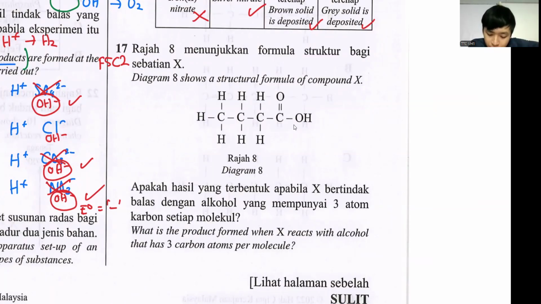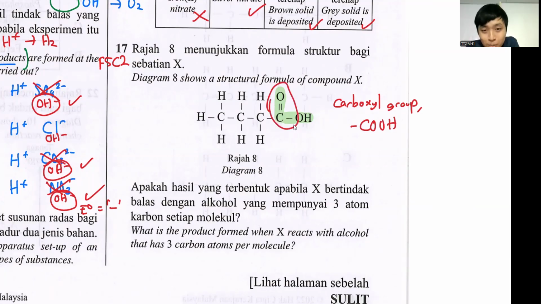Who told you hydroxyl? So wrong, it's not hydroxyl. This is the carboxyl group, COOH. Look properly, you have C double bond O.